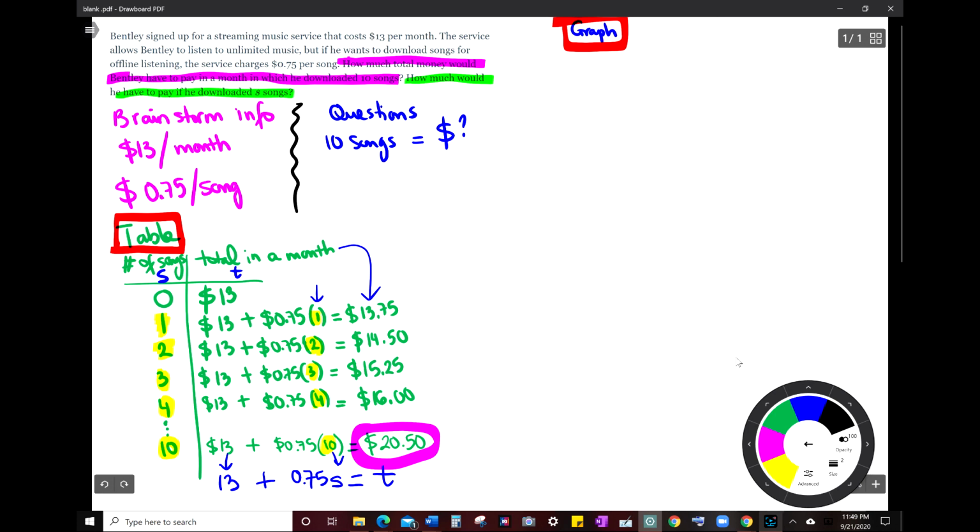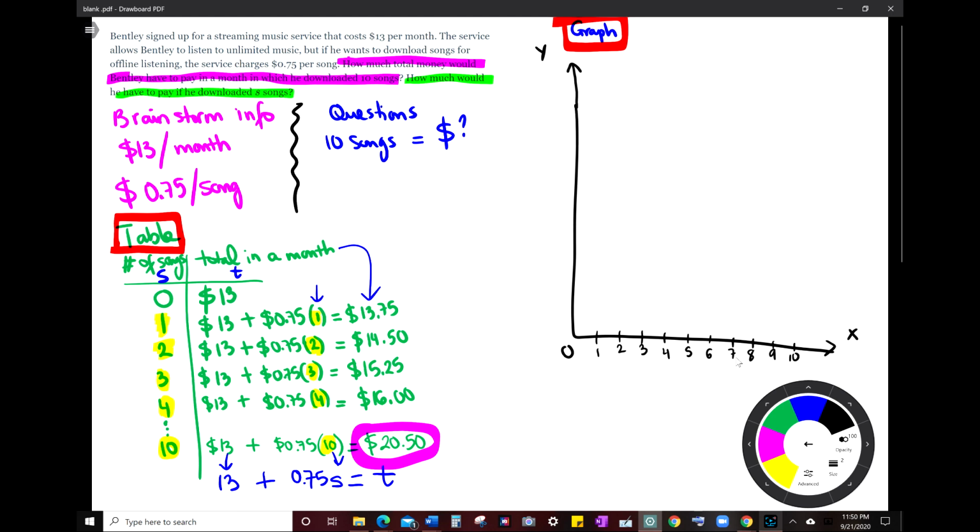So you can create a new graph here. It may not be as accurate as when you work on paper, so we will estimate it. So this is 0, and then we have 1, 2, 3, 4, 5, 6, 7, 8, 9, and 10.